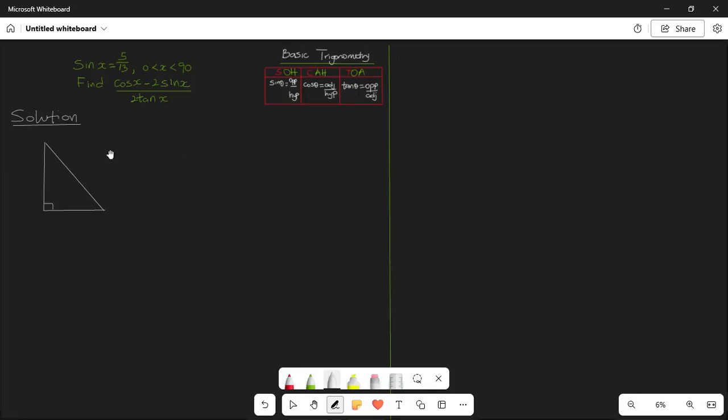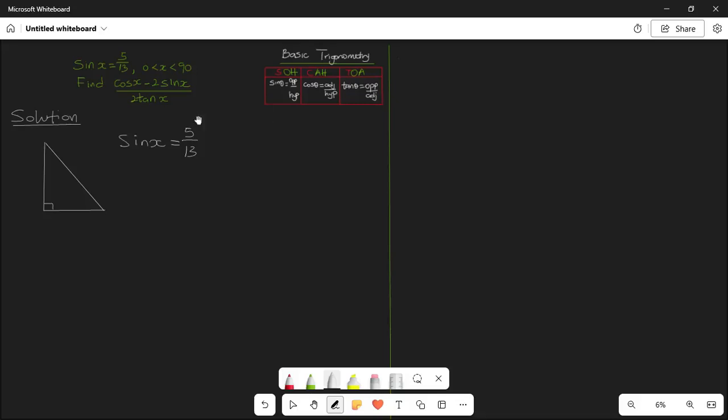So we have a triangle here, but in the question we have sine x equals 5 over 13. Remember from our SOHCAHTOA, sine theta equals opposite over hypotenuse.